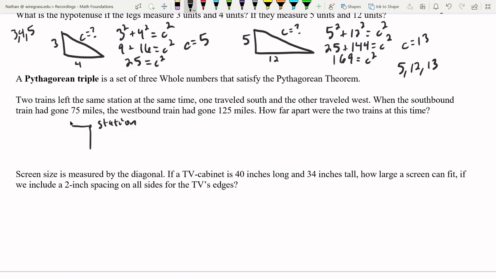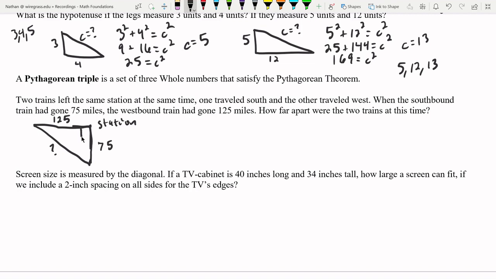When the southbound train had gone 75 miles, so this was 75 miles, the westbound train went 125 miles, so 125, something like that. How far apart were the 2 trains at this time? And the distance between the 2 trains is the straight line distance, is this distance here. So we're asking, what is this distance?